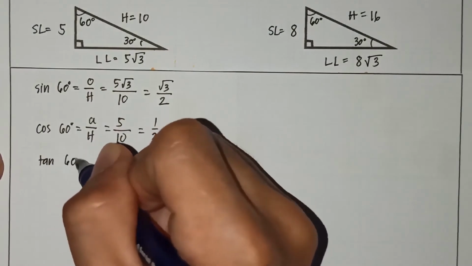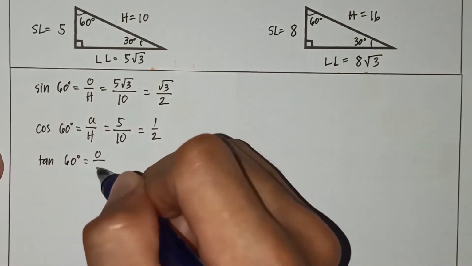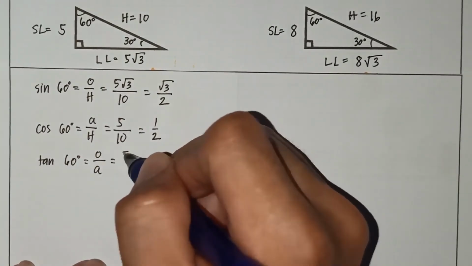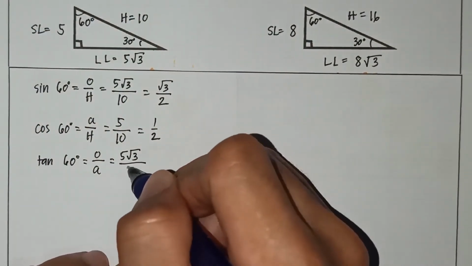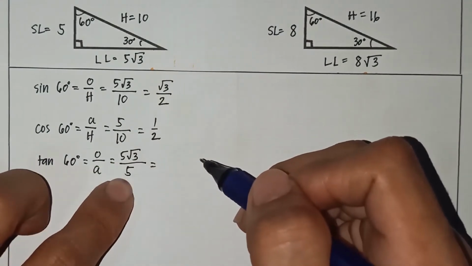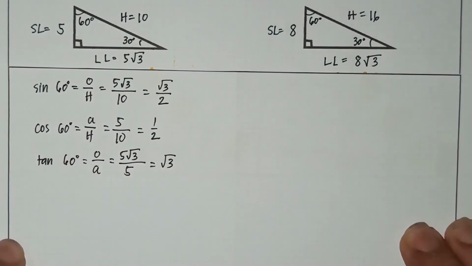For the tan 60 degrees, that is opposite over adjacent. And the opposite to 60 degrees is 5 square root of 3, and the adjacent is 5. And the answer here will be 5 divided by 5 is 1, so we only have square root of 3.